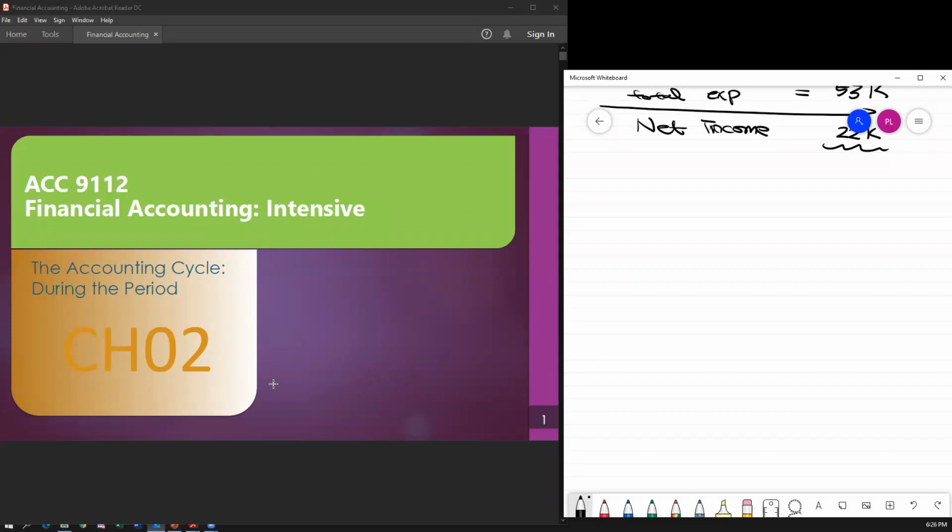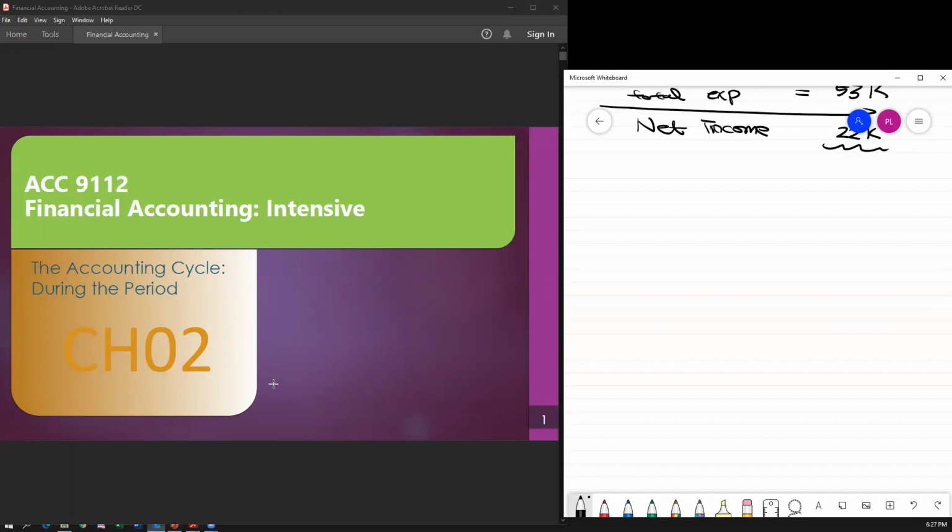So we talk about accounts payables, accounts receivables, cash, or prepaid expenses, prepaid insurance, whether these accounting items are debited or credited, and by what amount we report for each particular transaction. That's the whole focus of this chapter 2.